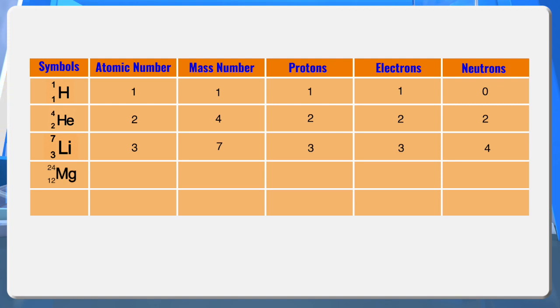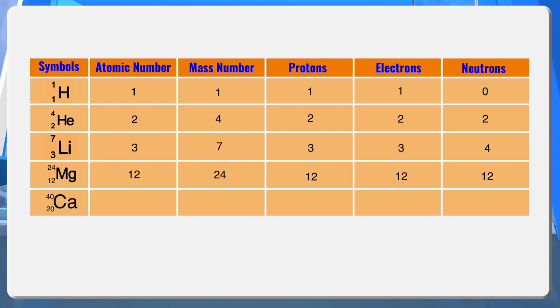For magnesium, the mass number is 24 and the atomic number is 12 and the number of protons is equal to the number of electrons is equal to 12. Then the number of neutrons, that is 24 minus 12, it is 12. So, magnesium has 12 neutrons. Then calcium.